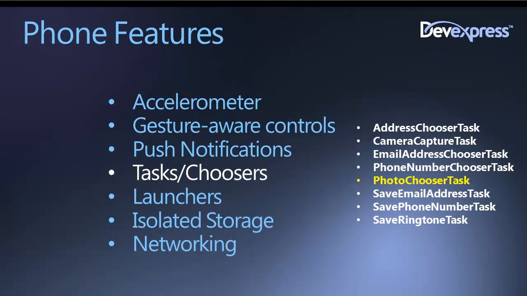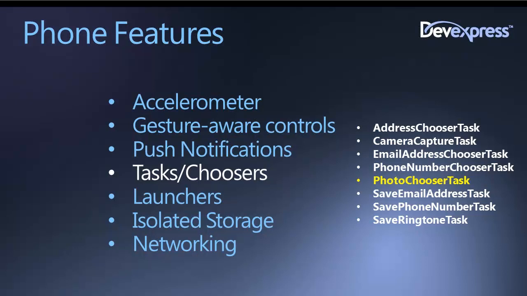You would fire up the photo chooser task, and you can pass in a property that also enables a button so that if they don't want to choose a photo from their collection, it'll display a camera button which they can then click on to launch the camera capture task.